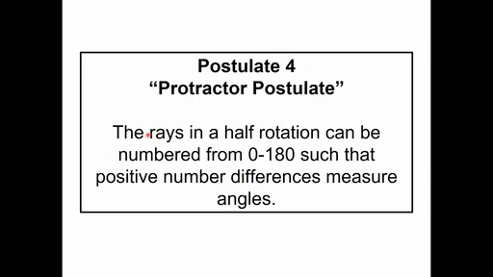The ruler postulate said the points on a line can be numbered such that positive number differences measure, so this whole line is the same, but it measures distances. Here we have the rays in a half rotation can be numbered from 0 to 180 such that positive number differences measure angles this time.